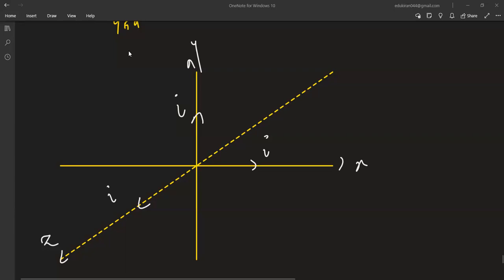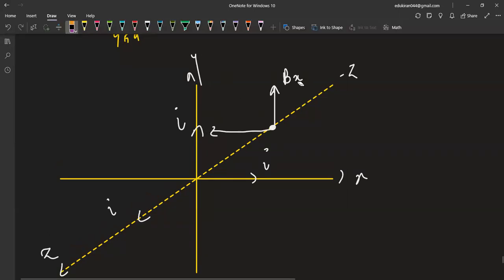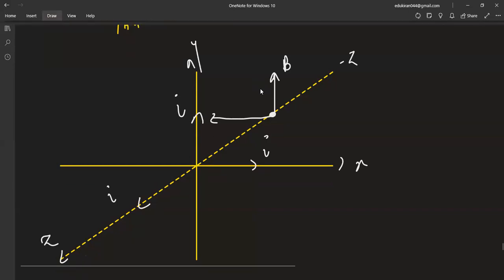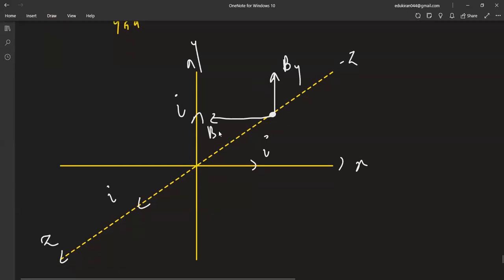Now see, three currents are flowing in different directions. At a random point, let's say this is a random point which I have taken because this is the negative z-axis, so I'll prefer this one. At this point, when I resolve the vector, this will be along the y-axis and this is along the x-axis.